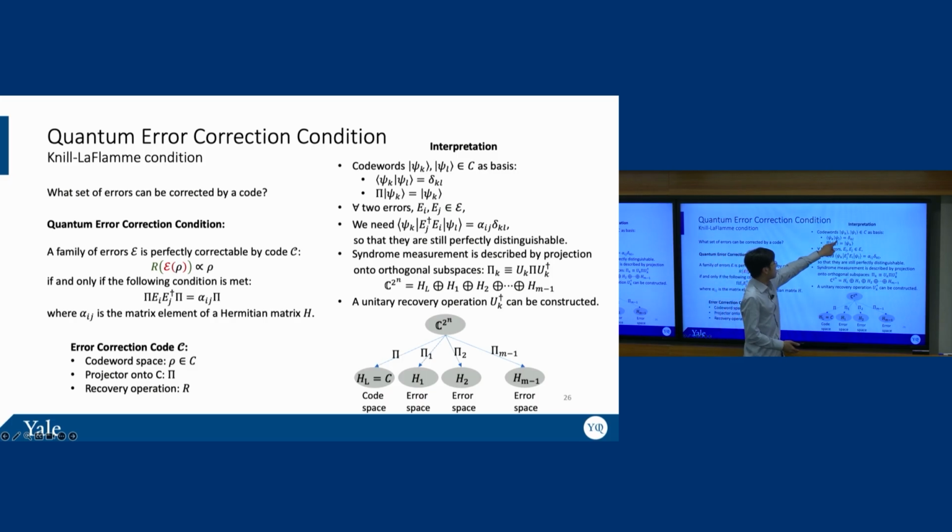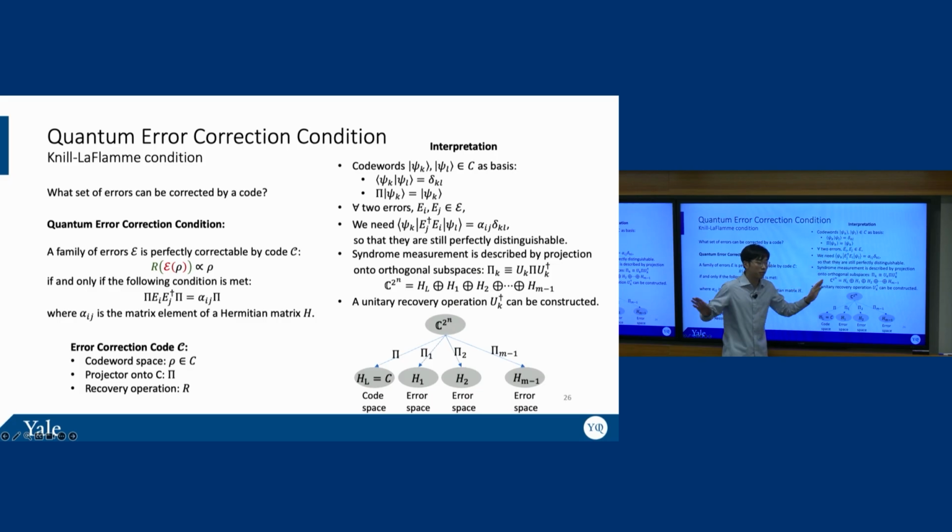So psi k, psi l are two of the basis states in the logical Hilbert space. First, my error correction should not ruin the computation itself. So that is guaranteed by saying the projection given by the stabilizers acts trivially on my logical basis states, code words.